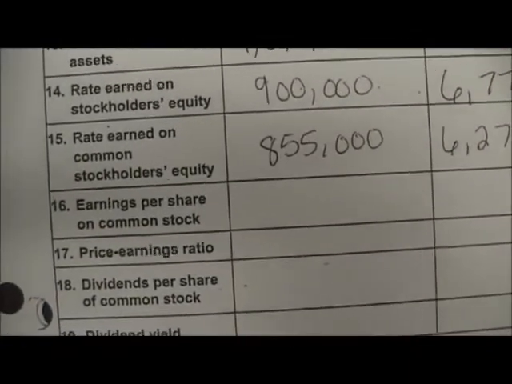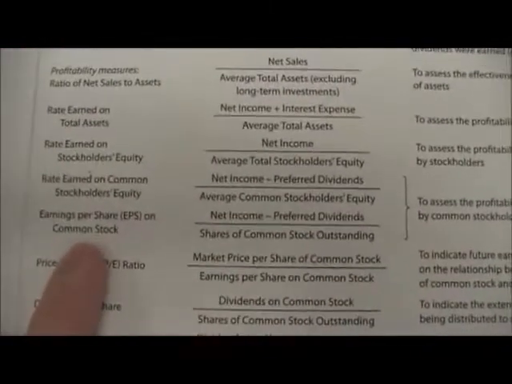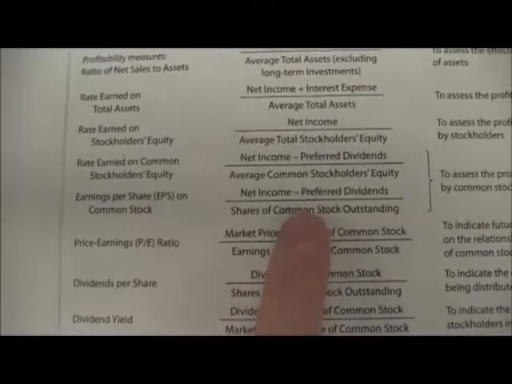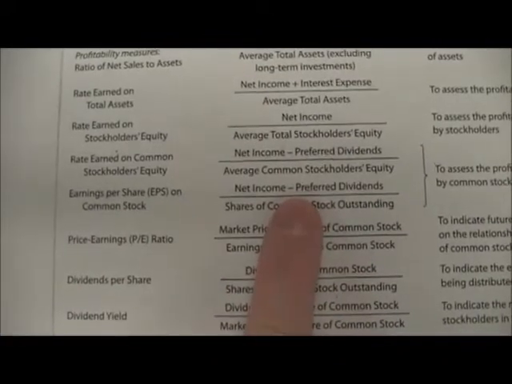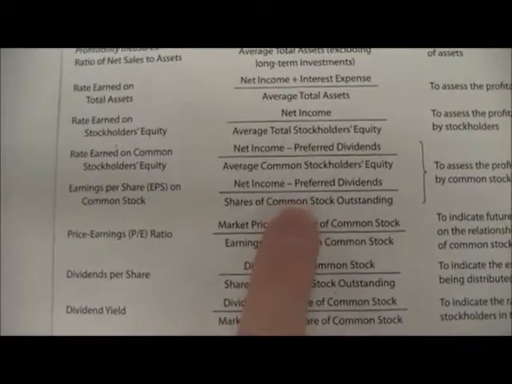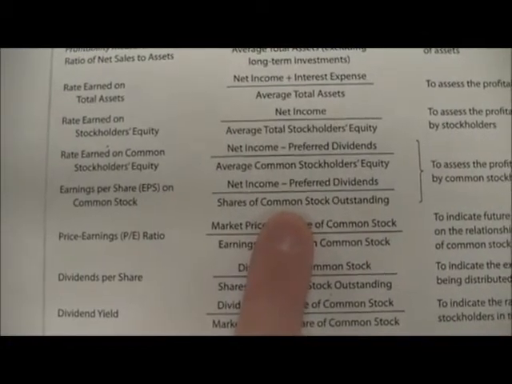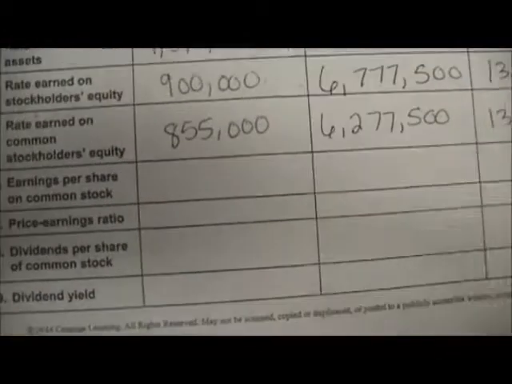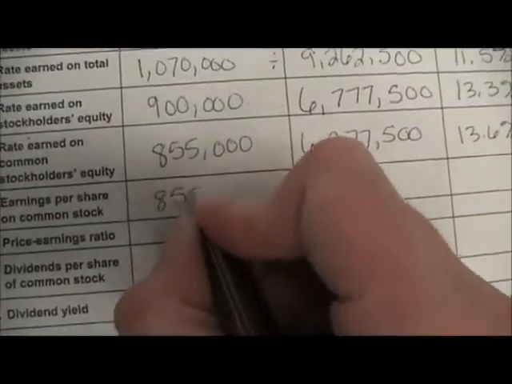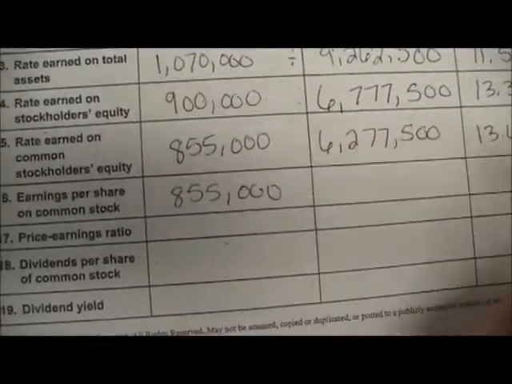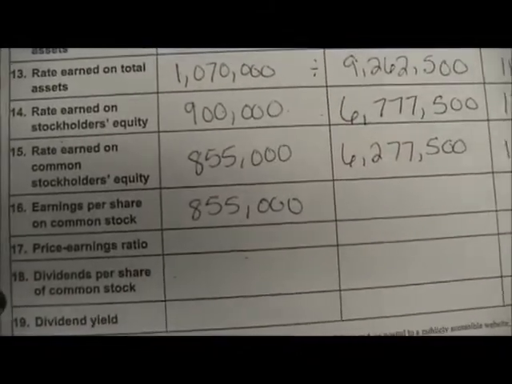Okay, the next one is earnings per share on common stock. Our earnings per share is calculated by taking our net income minus preferred dividends, which we did in the previous problem as well, divided by the shares of common stock outstanding. So we know that our top number is 855. Then we need to figure out what our common shares outstanding are.